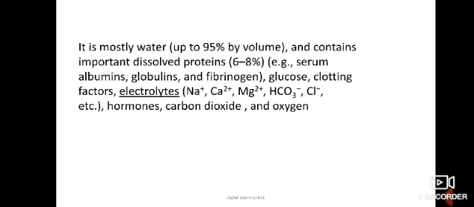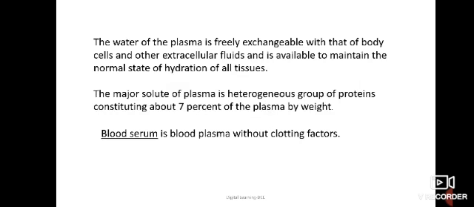Apart from that, glucose, clotting factors, electrolytes, hormones and dissolved gases like oxygen and carbon dioxide are present. The water of plasma is freely exchangeable with that of body cells and other extracellular fluids and is available to maintain the normal state of hydration of all tissues.